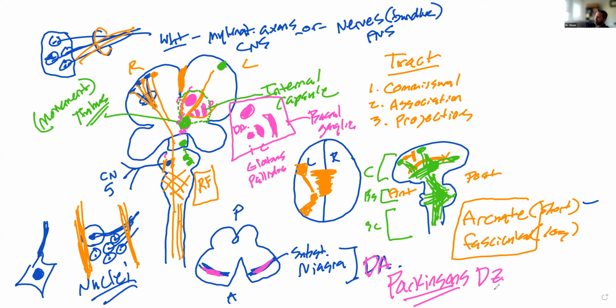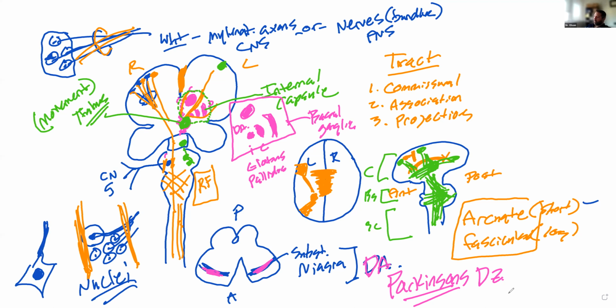There's other stuff that we're not going to go into, but it's a movement disorder. They particularly have problems with initiation of movement. Generally, if you can get them up and get them moving, they're a little bit more fluid.